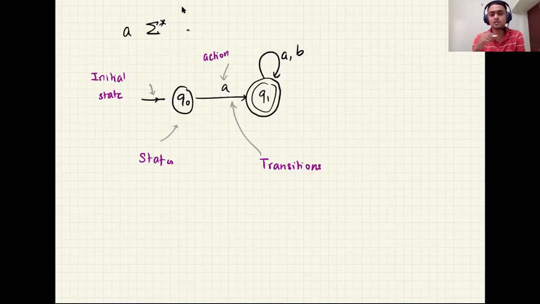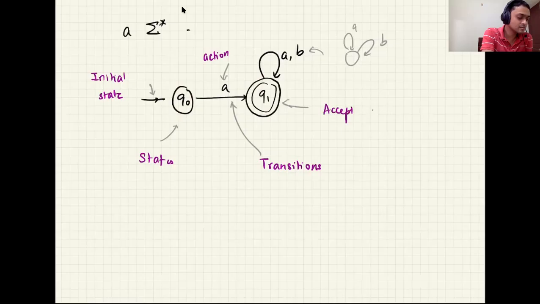And this notation is a short form for two transitions: from Q1, it stands for A, B. The double circle stands for accept states, also called final states.